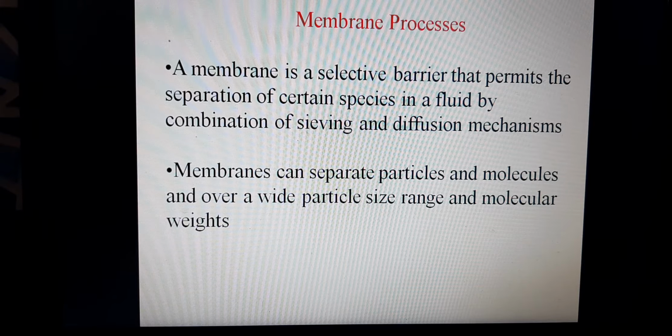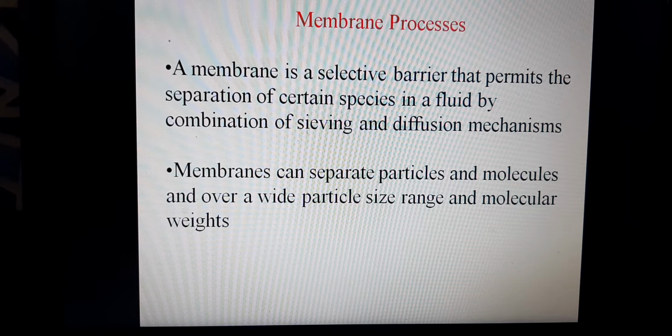This membrane is a selective barrier that permits the separation of certain species in the fluid. As I told, this membrane is mostly used to separate the substances which are very harmful to the users, so that they can be removed from the wastewater. So the membrane acts as a barrier which can remove the unwanted, toxic or harmful things from the wastewater.